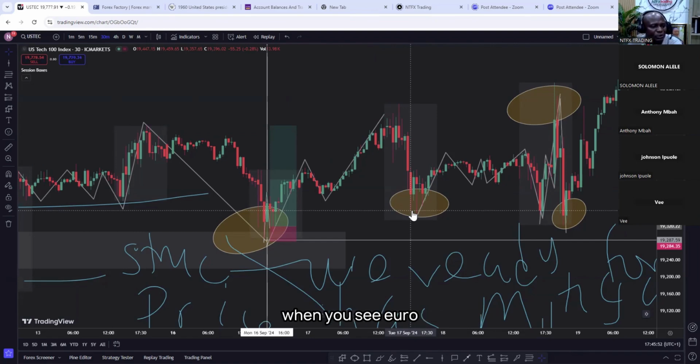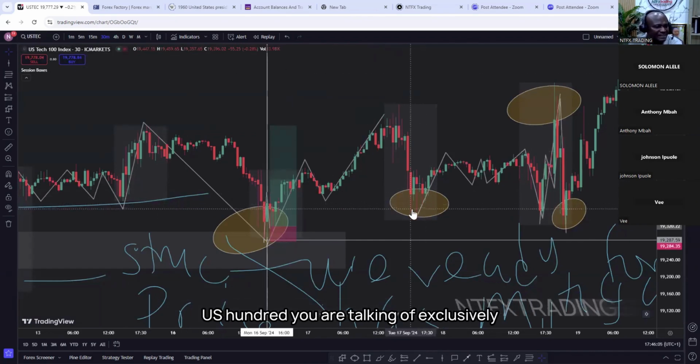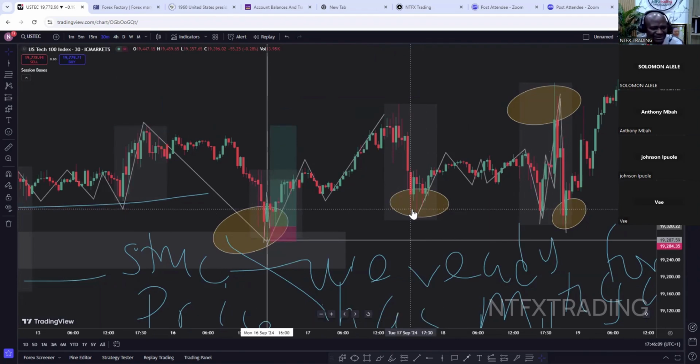When you see euro dollar, it's a combination of the United States and euro economy. When you say GBP USD, it's a combination of the United Kingdom and the United States of America. But when you are talking of US Tech, US 100, you are talking of exclusively the United States of America alone. It has nothing to do with another party.